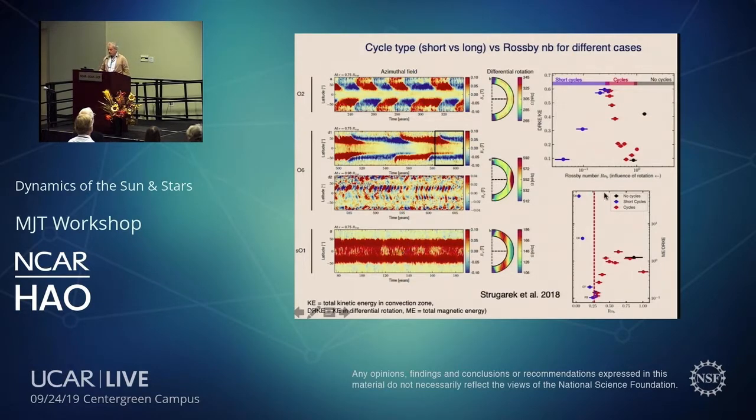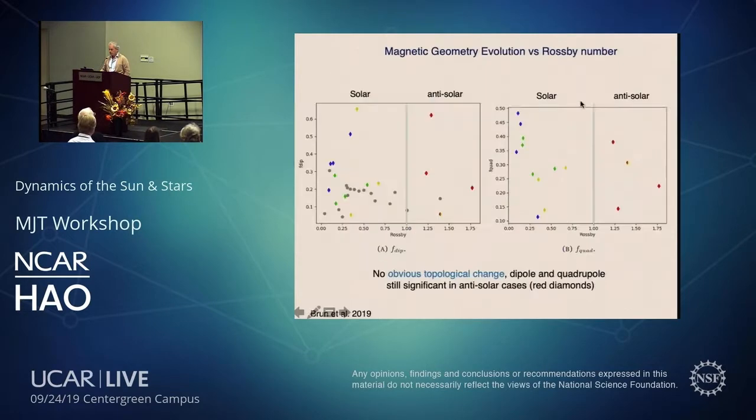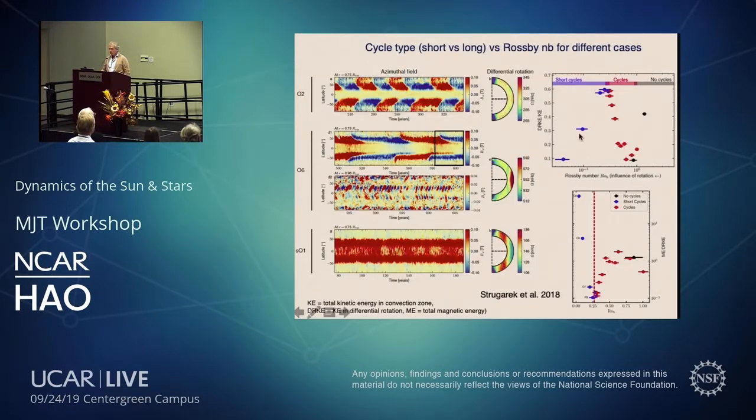Here in this plot, we show the ratio between the differential rotation and the kinetic energy. We were able to find a tendency for explaining where we expect to have the short cycles for very low Rossby number, where we expect to have solar cycles of decadal length, solar-like, which will be at intermediate Rossby numbers. And we lose the cycle when we go too slow in rotation.